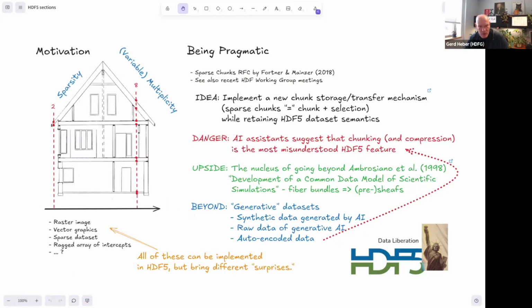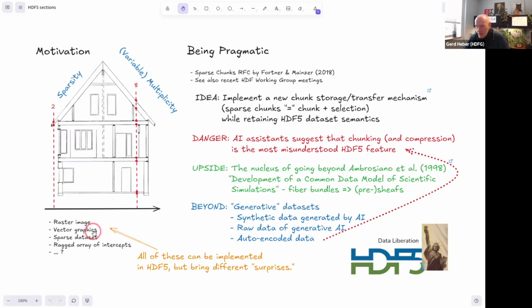Just picture a cross-section of a house or a building, and how would you represent something like that in HDF5? Well, you could do it kind of brute force. You could just say, okay, that's probably a raster image of some sort. Just pick a sufficiently high resolution, make it a 2D raster image, and you're good to go.